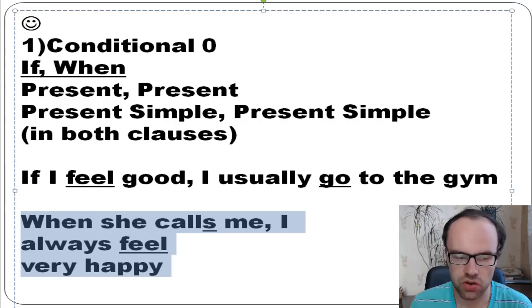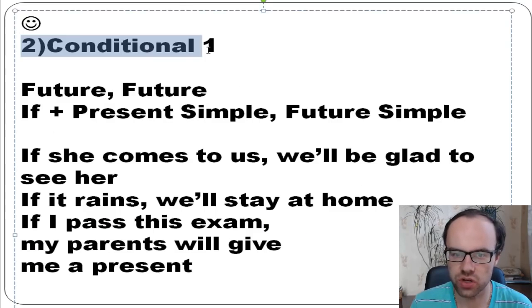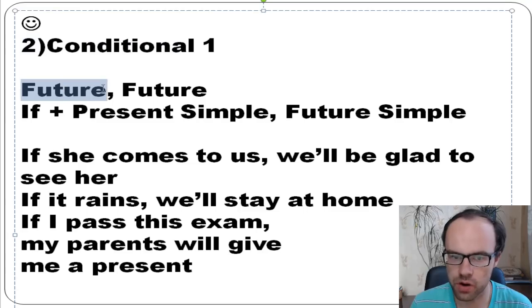Okay, so let's talk about the first conditional. So we talk about the future, in the first part of the sentence and in the second part of the sentence too. Future and future.